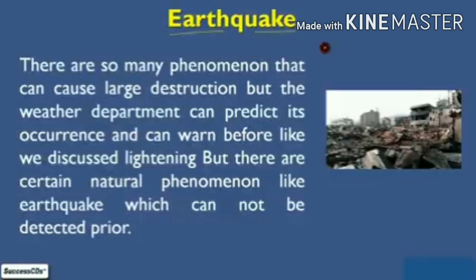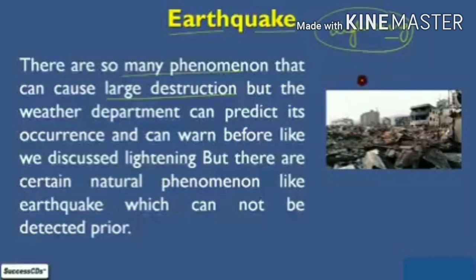Children, there are so many phenomena that cause large destruction, but the weather department can predict their occurrence and warn beforehand, like we discussed for lightning. But there are certain natural phenomena like earthquake which cannot be detected prior.